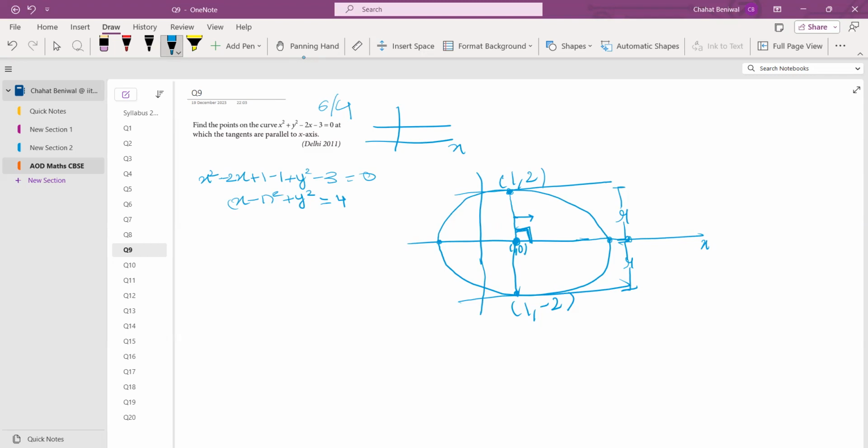Okay, so we'll write that since the tangent is parallel to the x-axis, that means the slope of the tangent must be 0.